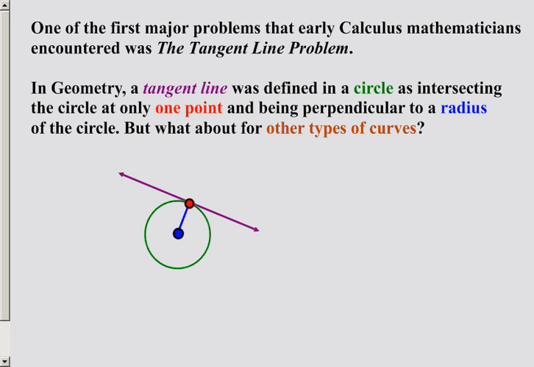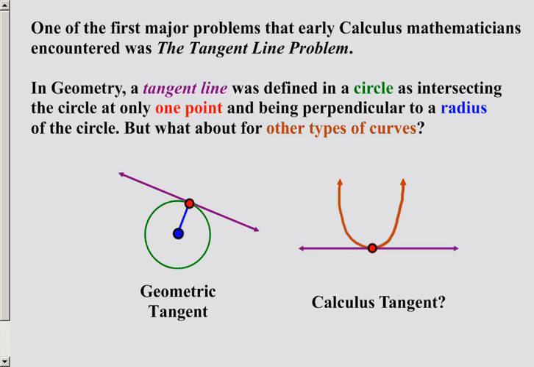Okay, but then the issue quickly arose as we started studying deeper into physics and into calculus. What happens with this definition when you try to apply it to other curves? Well, there are other curves where this works just fine. So the question became, is a geometric tangent going to be equivalent to a calculus tangent, or did the definition need some modification?